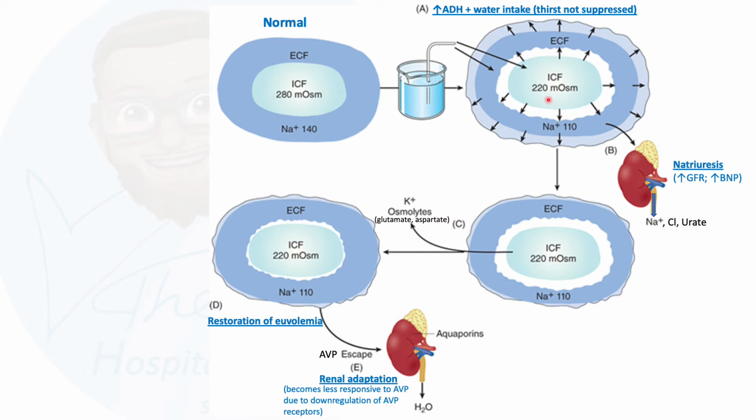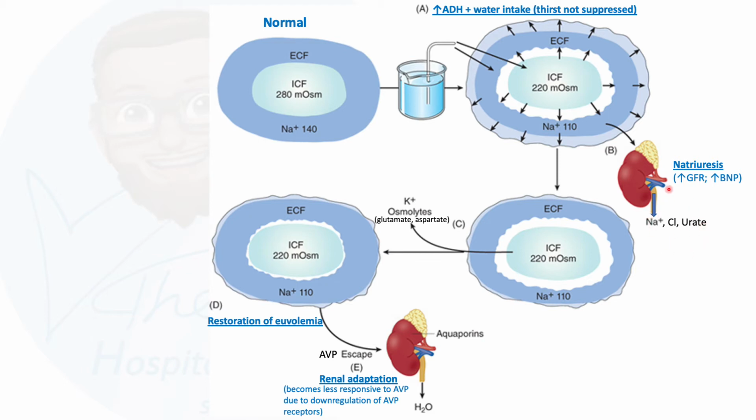Some say the expansion of the intra- and extracellular fluid will lead to an increase in the glomerular filtration rate, the GFR. Also, this expansion might lead to an increase in BNP secretion, which causes natriuresis, right? So ultimately there will be an increase in urine sodium, increased urine chloride, and also secretion of urate, and that has some clinical significance, as we'll talk about.